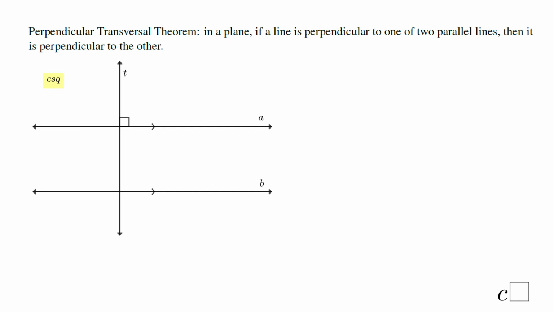If a line is perpendicular to one of two parallel lines, like in this case T is perpendicular on A, and A is parallel with B, then that line T in this case is perpendicular on the second line.